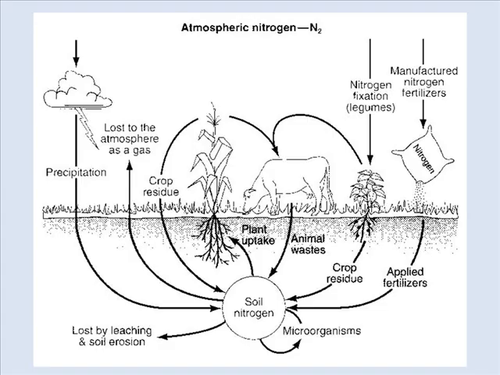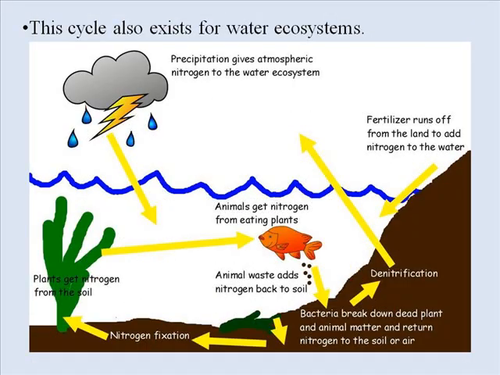Now this is a land ecosystem. Does the nitrogen cycle still hold true if we talk about a water ecosystem? Yes, it works the same way, except instead of animals breathing in gaseous nitrogen from the air, the fish are taking in nitrogen from plants and also dissolved nitrogen that's in the water. But you see here that all the same ways we have atmosphere giving it to the soil through the weather.